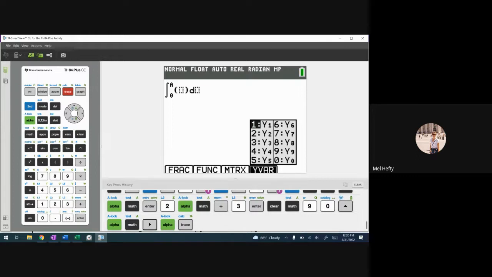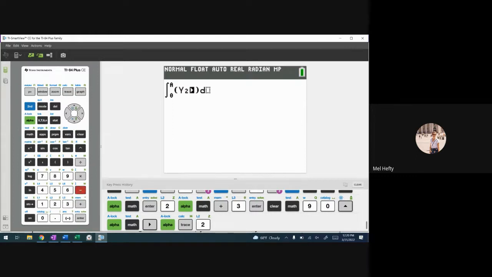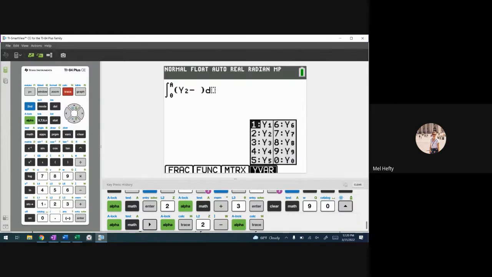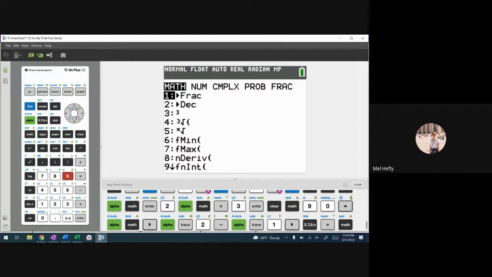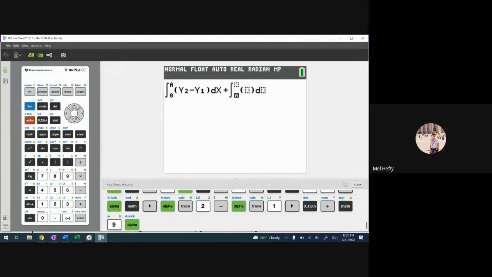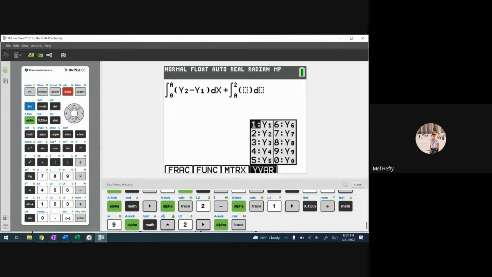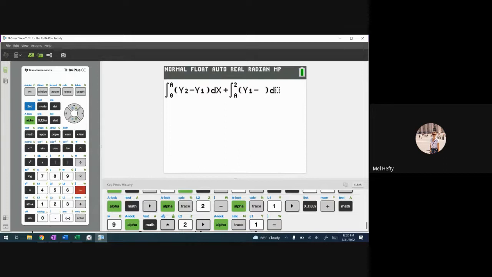So I'm actually going to go Y2 minus Y1. Alpha trace. And then I'm going to add on math 9 from alpha A up to 2. Alpha trace Y1 minus alpha trace Y2.